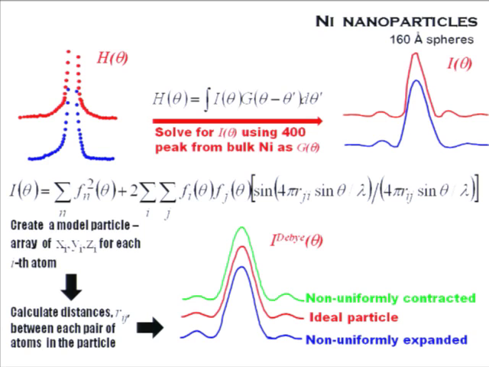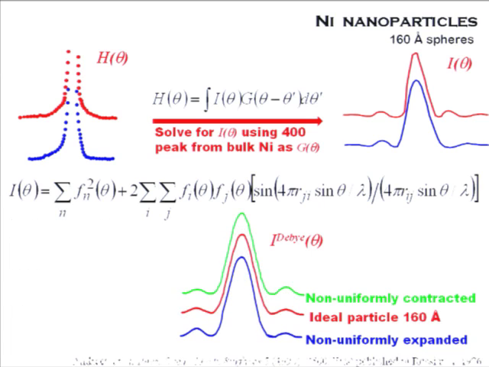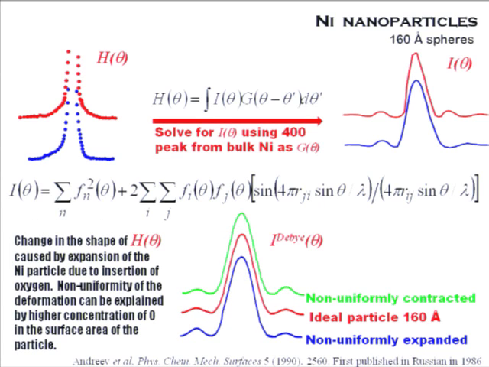As you can see, for the non-uniformly expanded particles, the diffraction peak shows similar features to the oxidized particle, which led us to the conclusion that the change of the shape that we noticed was caused by expansion of the nickel particle due to insertion of oxygen, and the non-uniformity of this deformation can be explained by a higher concentration of oxygen in the surface area compared, obviously, to the core.